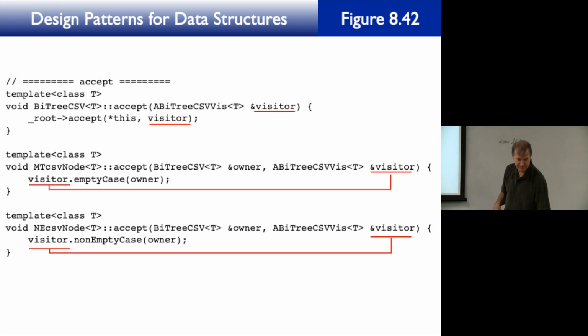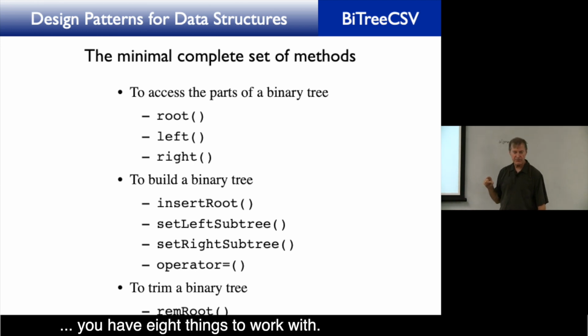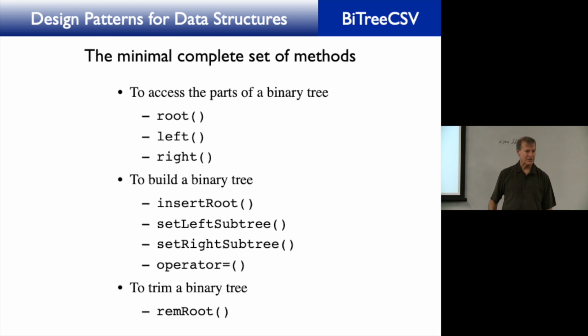All right. So now, when you write a plugin for a binary tree, the BiTree CSV project, here's the 6 things you have to work with. This is your tool kit. These are the little tools in your belt, right? You got 6 things to work with.